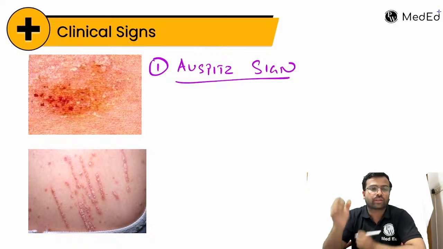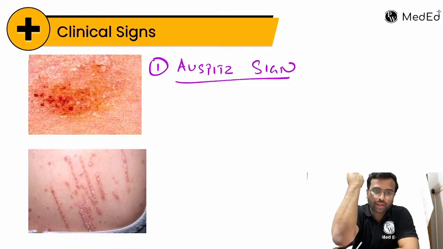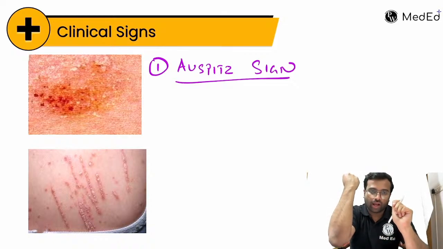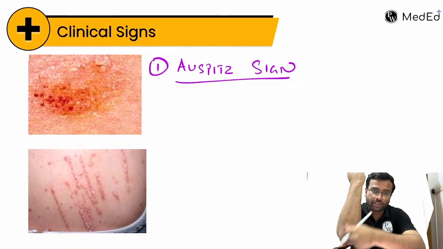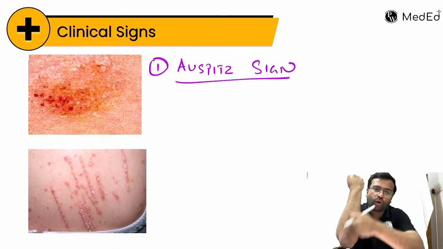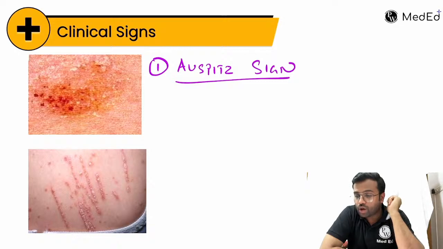See, just imagine the patient is having a plaque lesion over the elbow. And I take a glass slide and I'm going to scrape over the lesions. When I continuously scrape over the lesions, what do I see?